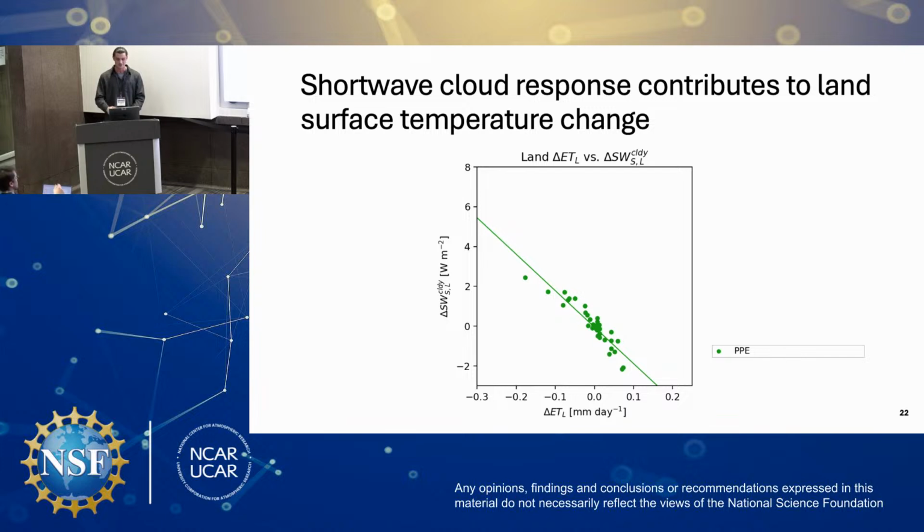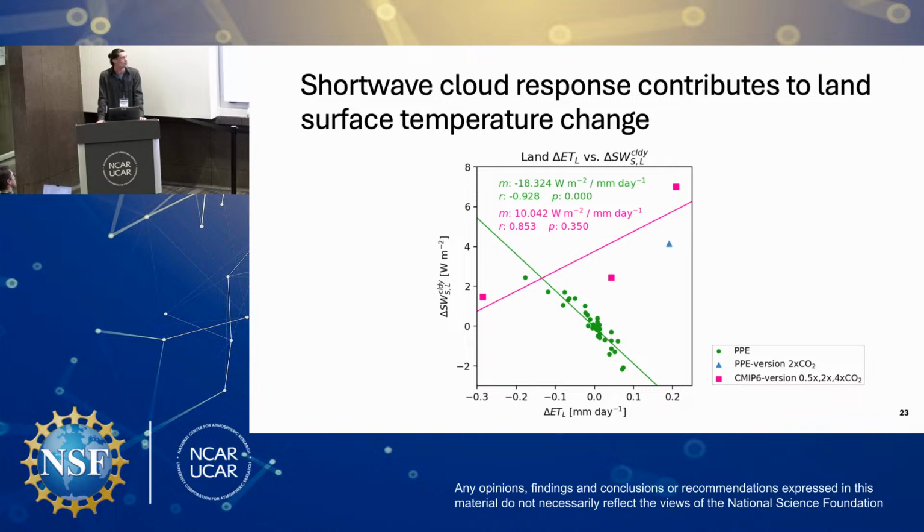It's evident that when you have an increase in evapotranspiration over land, you have a decrease in downwelling shortwave cloudy radiation due to increased clouds, and vice versa. This suggests that even in this small range of ET perturbations, it's still an important factor for near surface temperature change. I also threw up the changes for the CMIP6 CO2 forced simulations, and again it's the opposite, because you don't have that coupling or ET-driven temperature response.